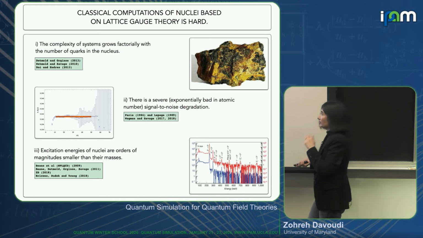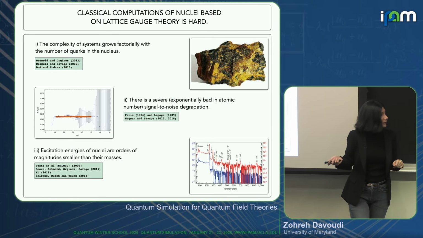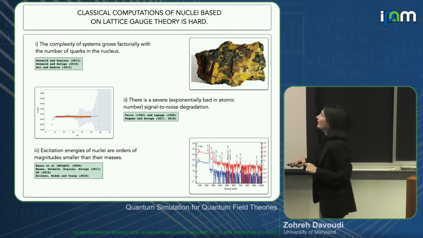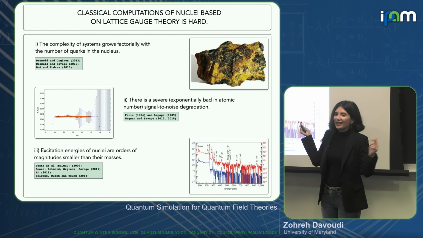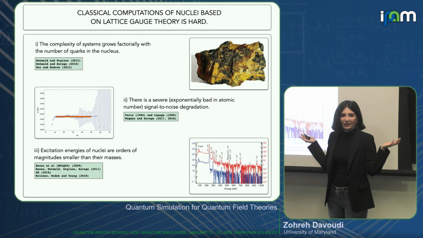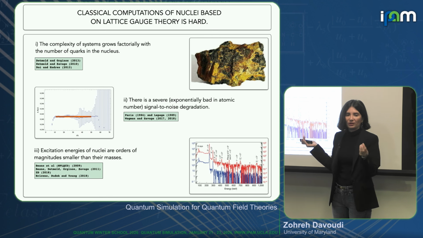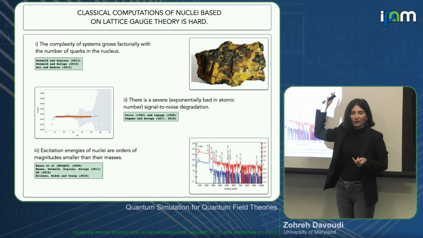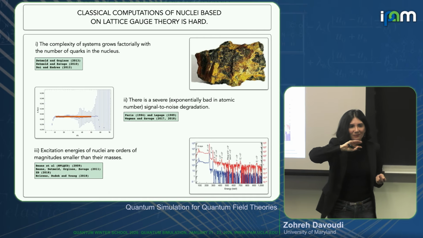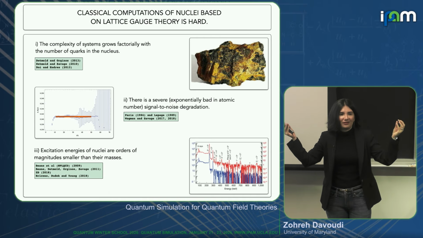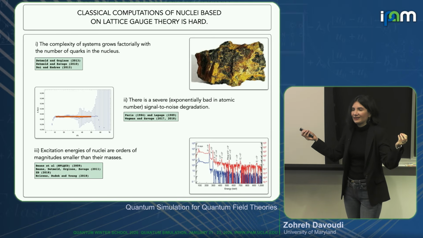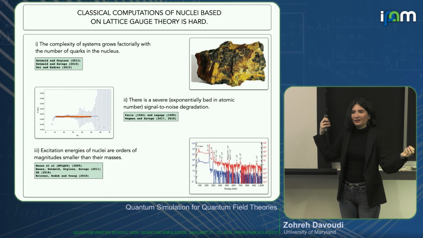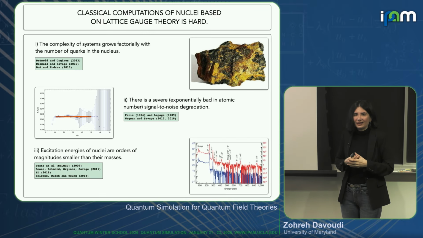So let me talk about these 2 issues very quickly. Let's see. Okay, there is still time. Good. So why can't we just produce a complicated object like an atomic nucleus, as opposed to just a proton, on a classical computer? Well, it turns out that the complexity of these systems grows factorially with the number of quarks in them. And you may think, okay, that's not too bad. Maybe there are 3 quarks in a proton, and then you just count for a few nuclei, okay, atomic nuclei.